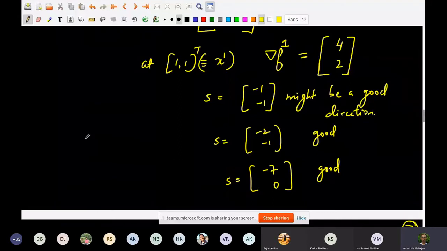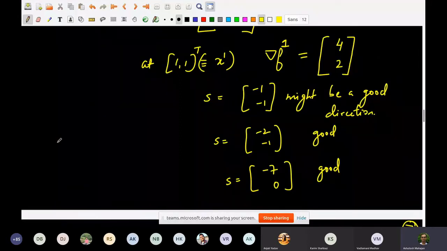What about this direction? Let's say s equal to -1 and +1. Would I see some improvement in the function if I move in this direction s?